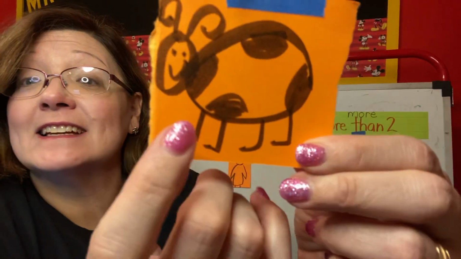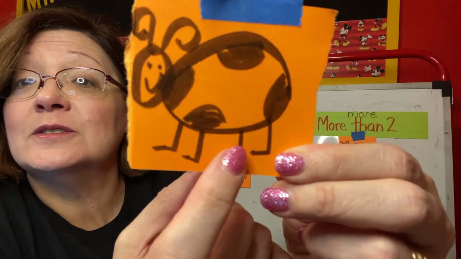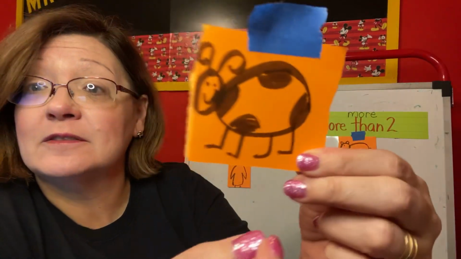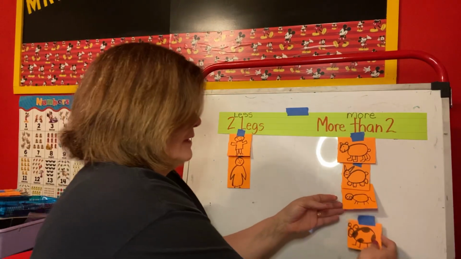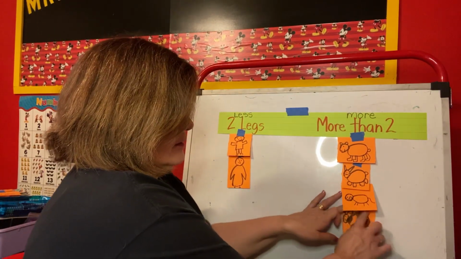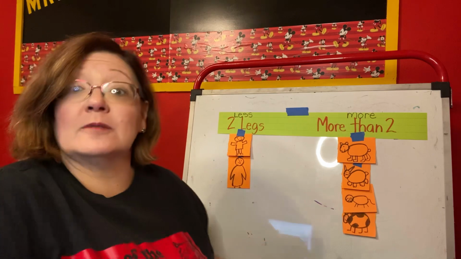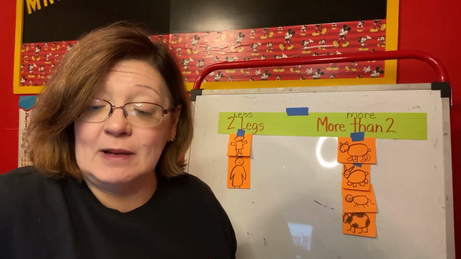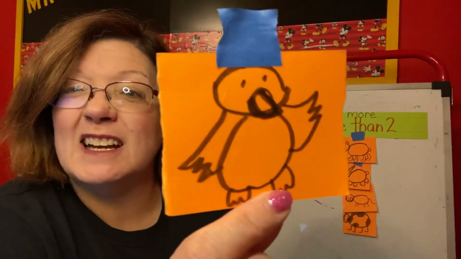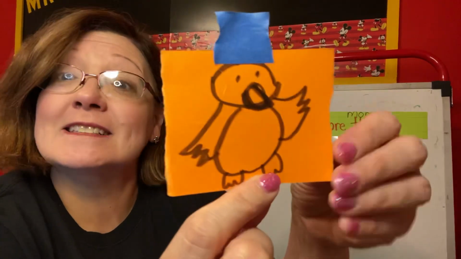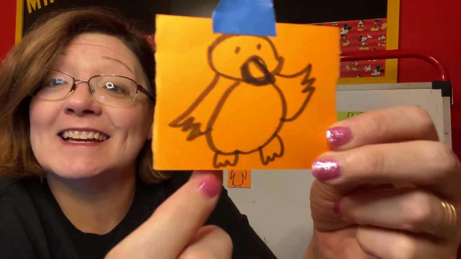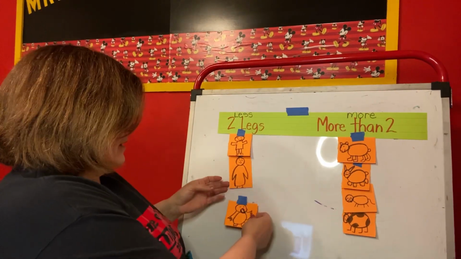Let's count the legs. 1, 2, 3, 4. 4 legs. There we go. And my last one is a little bird. I know his beak kind of looks funny, but it's still a bird. Let's count his legs. 1, 2. Okay, so he goes over here.